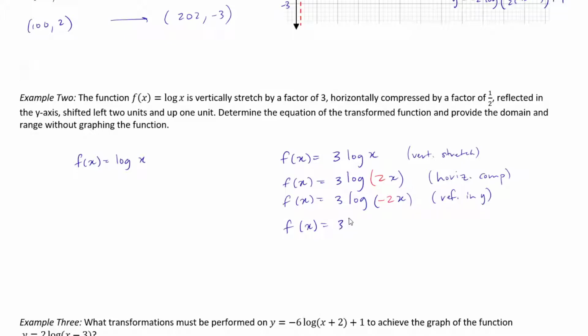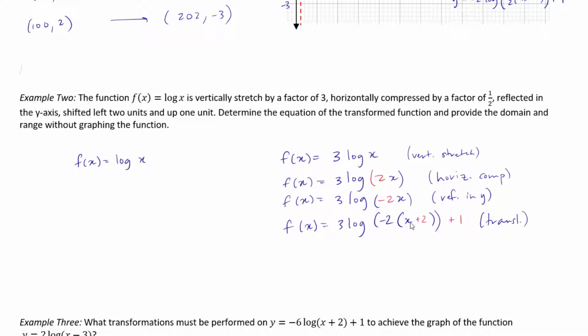If it's shifted left 2 units, then I have to write x plus 2 in brackets there. And if it's shifted up 1 unit, I say plus 1. So I'll write those in red so we can see exactly what I did. I shifted left 2 units, so that should be plus 2, and this should be plus 1, and those are my translations.